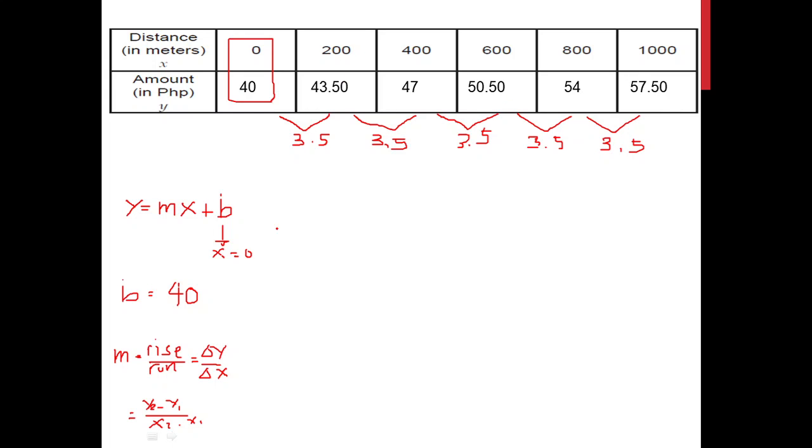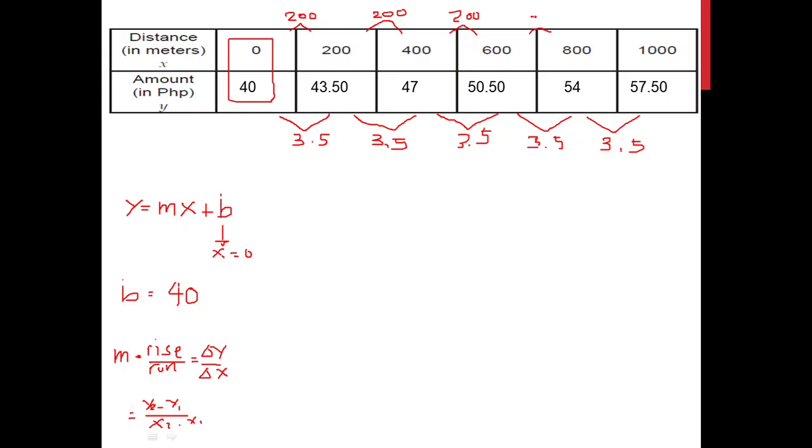Now, let's try to find the change of x, x2 minus x1. Let's subtract. This one minus this one, that is 200. This one and that one, that is 200 also. This one and this one, also 200.